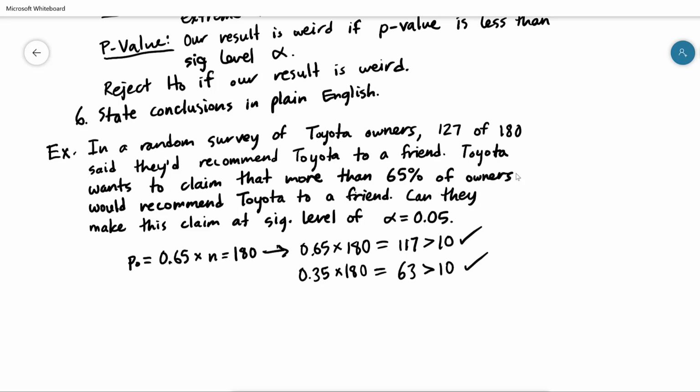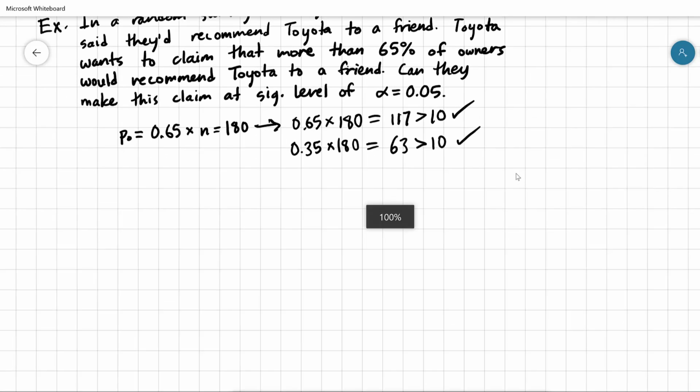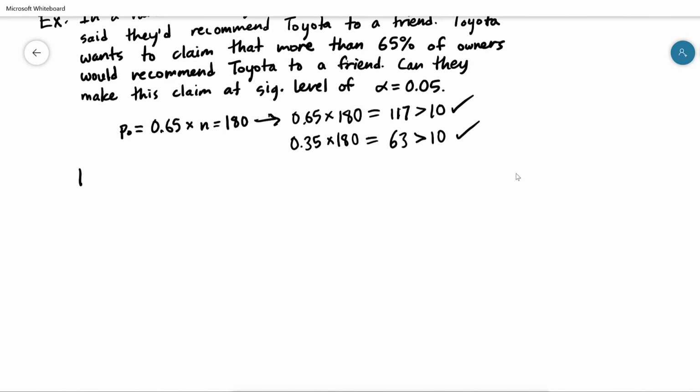So both of those two values, that fourth criteria, are indeed bigger than 10. So we're good to go. So let's jump into our procedure. Step 1, state the null and alternate hypothesis.